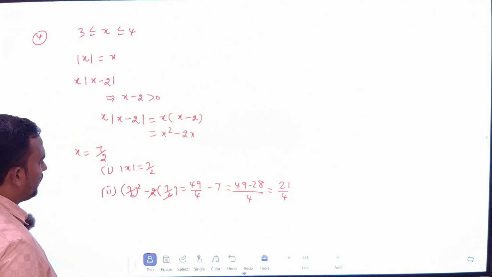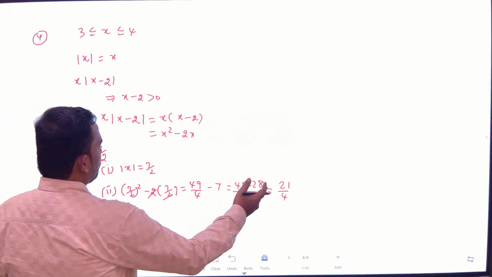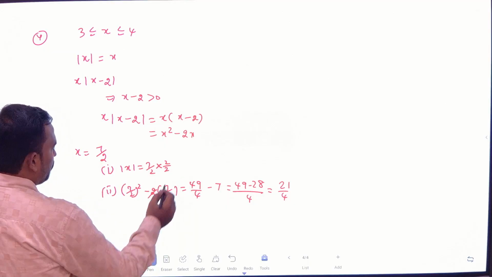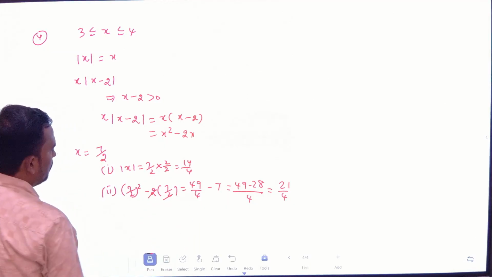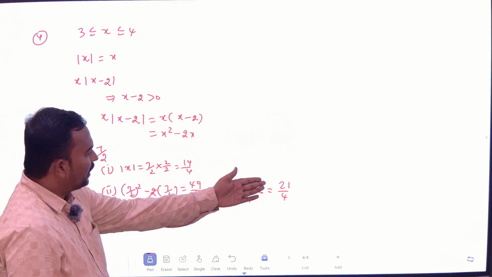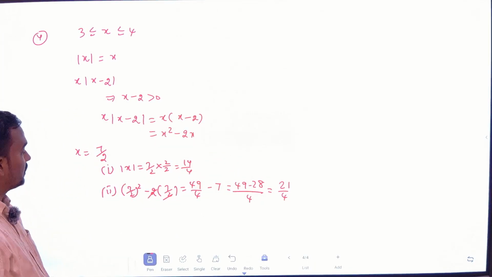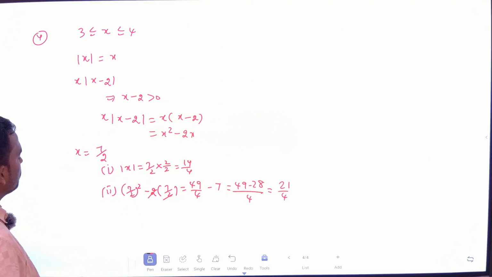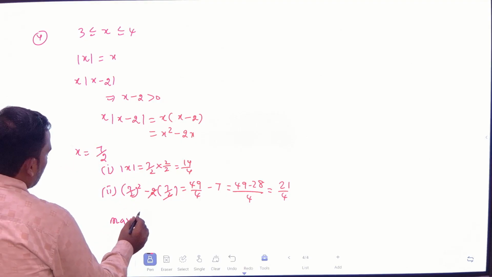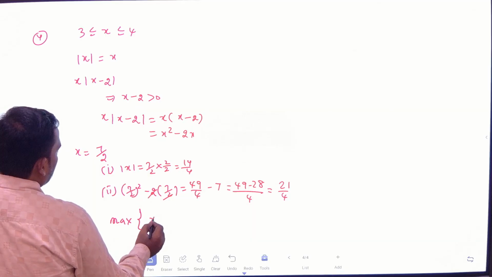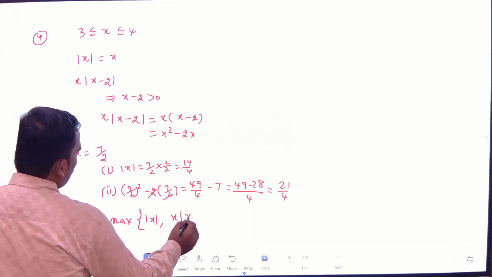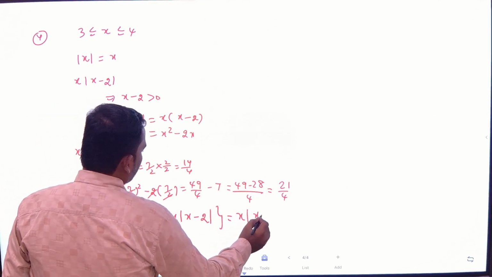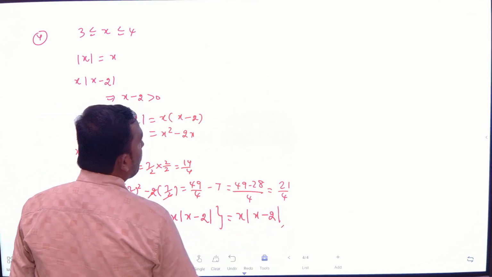So 21 by 4, you can multiply by 2 and divide by 2, it is 14 by 4 compared to 21 by 4. Which is larger here? The second function is larger, x into mod x minus 2 is larger. Therefore, the maximum of mod x and x times mod x minus 2 in this interval is x into mod x minus 2.